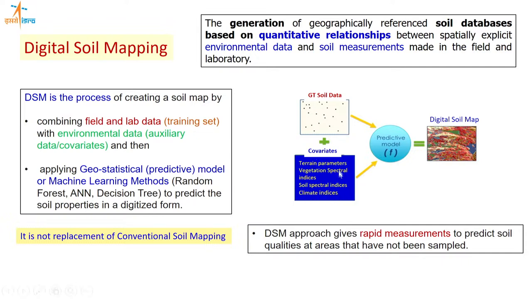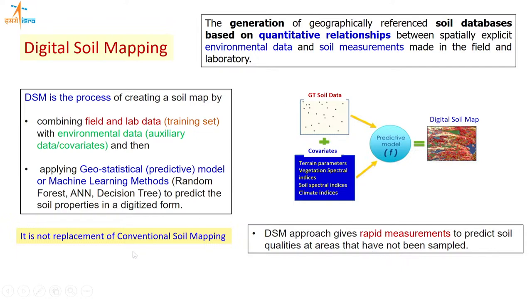You can collect or generate 10, 25 or 50 maps, which we call environmental covariates. Then you make a mathematical relationship between these two, and you can use it for preparing a digital soil map. So digital soil mapping is a very fast technique for mapping soil properties.